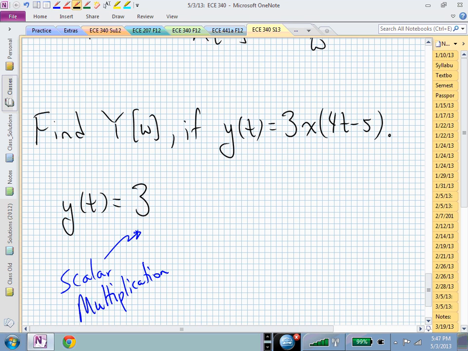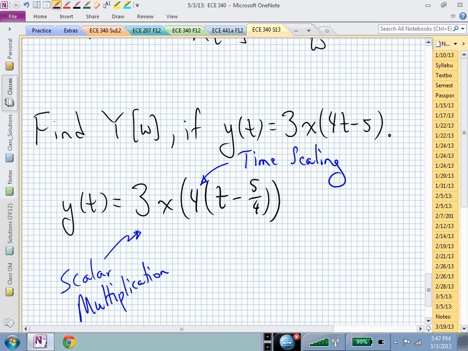So here's 3. Then we have x, and we need to manipulate the argument of x. We need to pull out the scaling and the amount of time shift that's in there. So if I factor out the 4 from both terms, I have t minus 5 over 4. So this 4 is representing a time scaling, and there's a time scaling theorem.